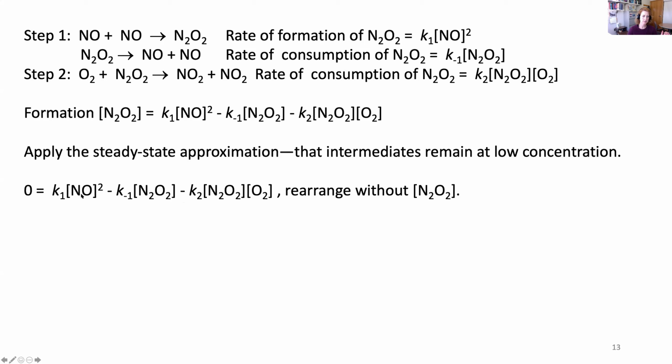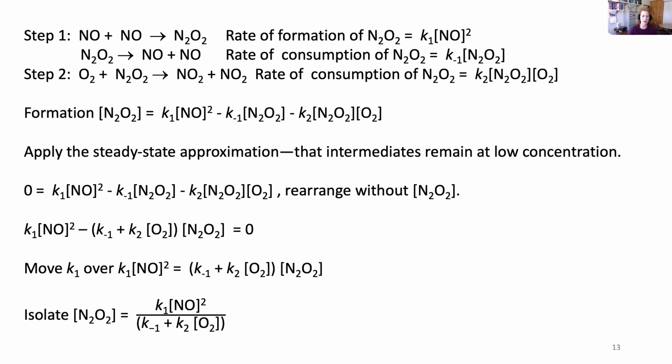Then I can put this on the other side, multiply by a negative, and end up with N2O2 equal to the rate constant of the step 1 reaction times NO2 squared, divided by the rate constant of the reverse reaction plus the rate constant of the second step, which is this step here, times the oxygen concentration.